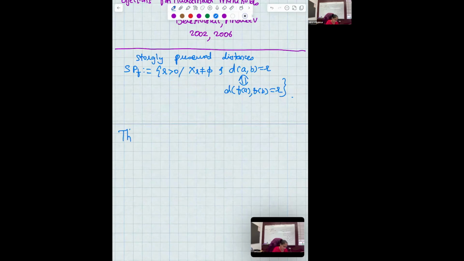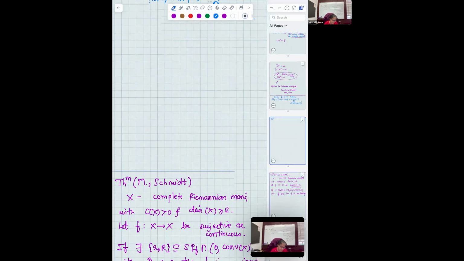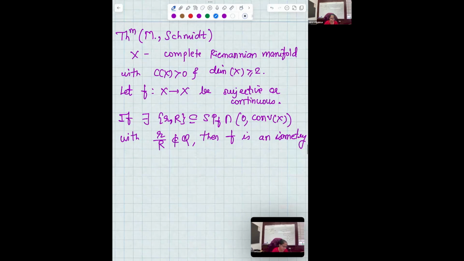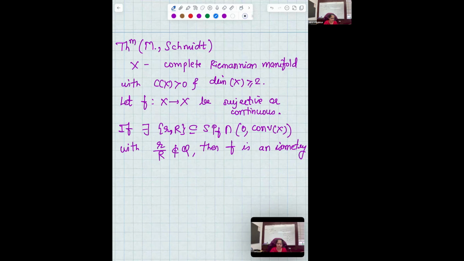So now I'm ready to state our theorem. What we could prove is, suppose you start with a complete Riemannian manifold with convexity radius bigger than 0, and dimension bigger than or equal to 2.